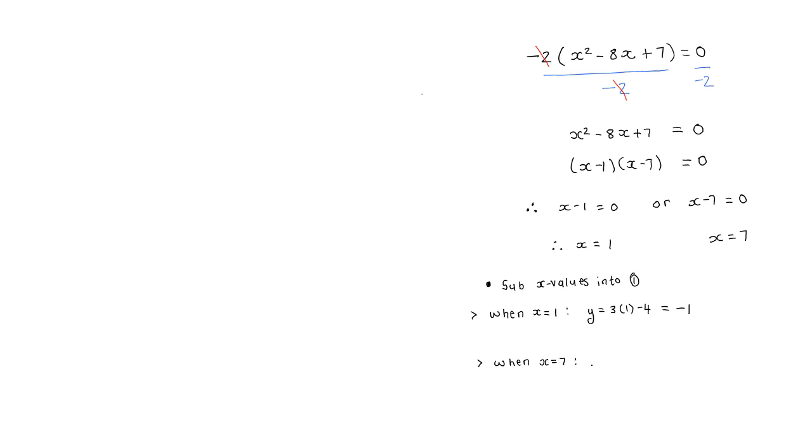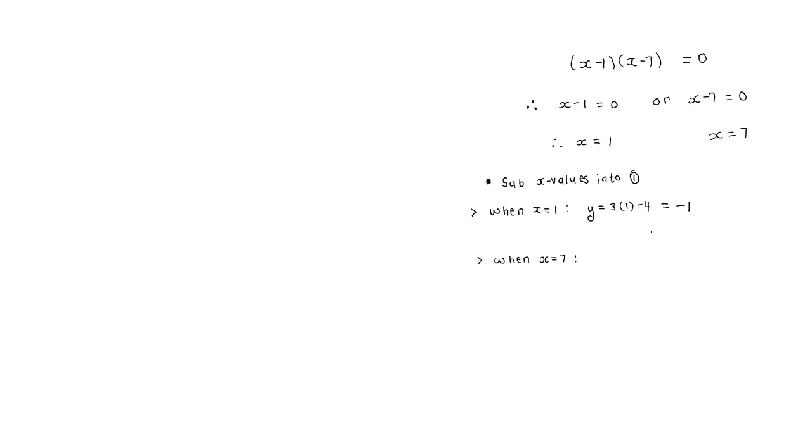Then for the second part, we'll have y is equal to 3 times 7. That's going to be 21. And then we need to minus 4 from that. So 21 minus 4 is 17.